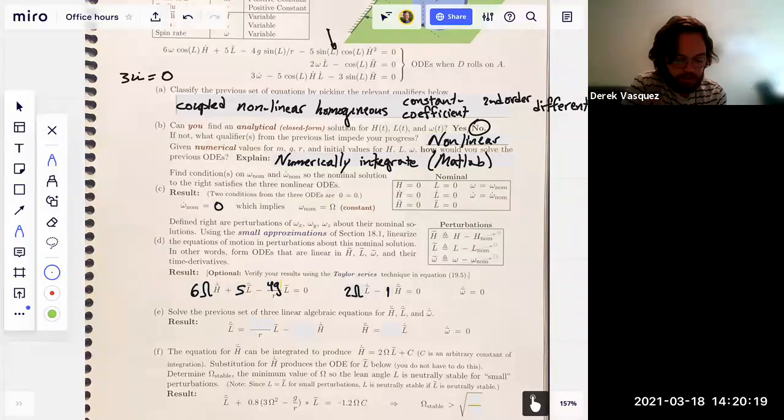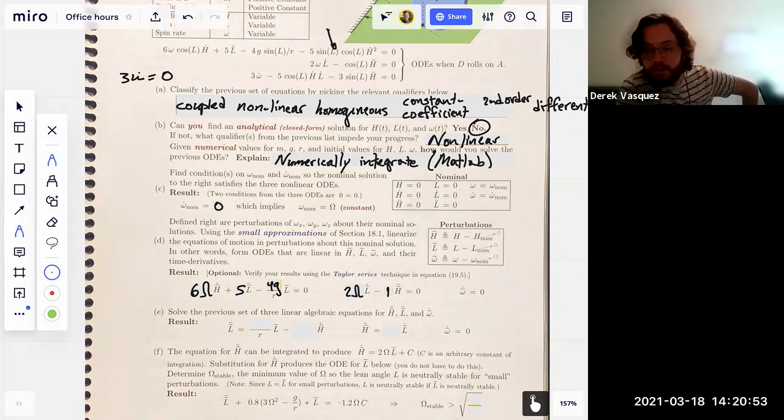In this case, our omega nominal is capital omega. Because we're at small perturbations from our omega nominal, we're basically going to say that omega is approximately equal to omega nominal, which is capital omega.